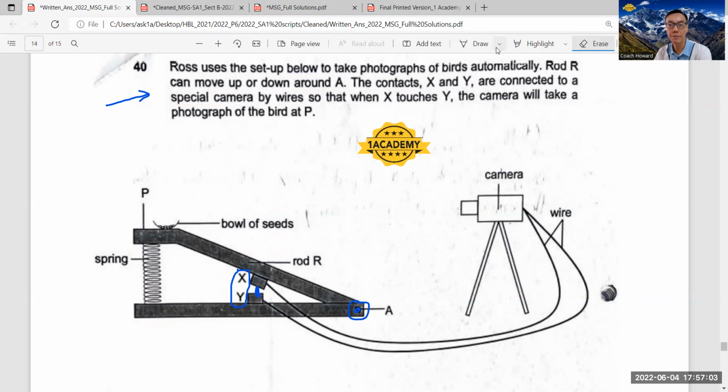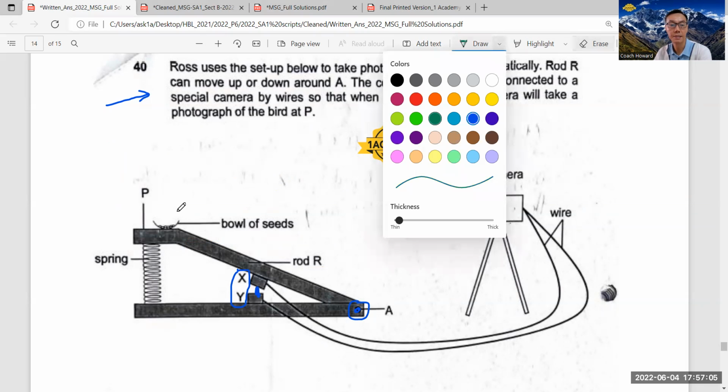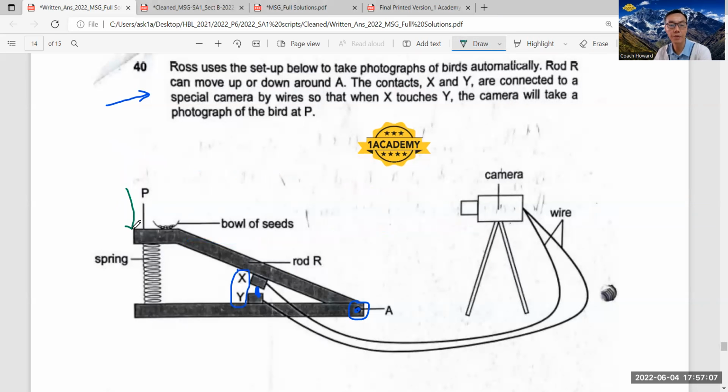Okay. So if a bird lands on P, right? The weight of the bird will cause the spring to compress, correct? So as the spring compresses, this part will form a closed circuit. Notice we assume that there's a battery inside. So the current will flow through this part, and then activate the camera.